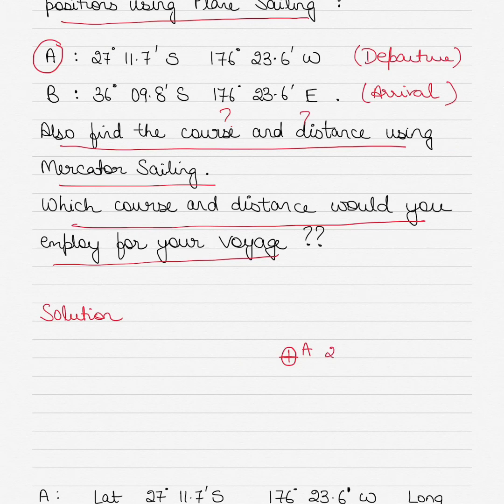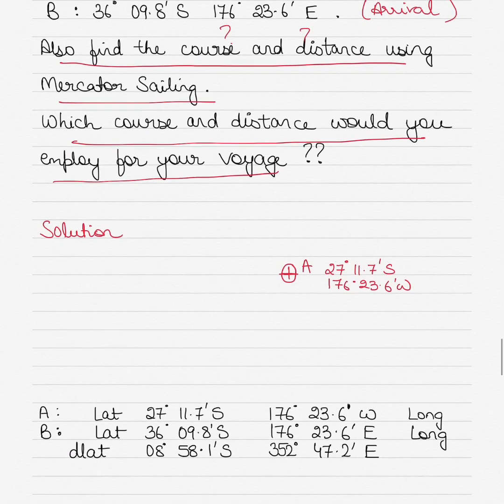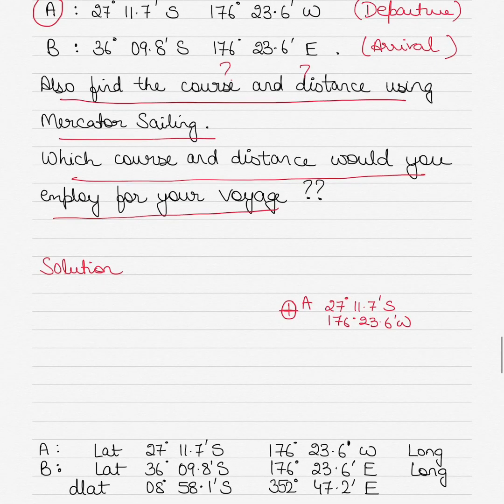Write down the position here, 27 degrees 11.7 minutes south and 176 degrees 23.6 minutes west. From here you have to go to 36 degrees 9.8 minutes south. That would mean that you have to go further south from here, so you will be going down south.